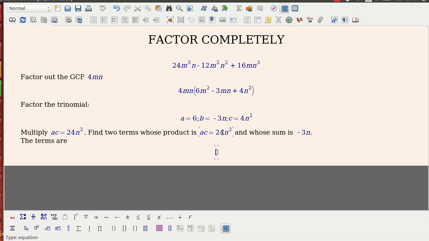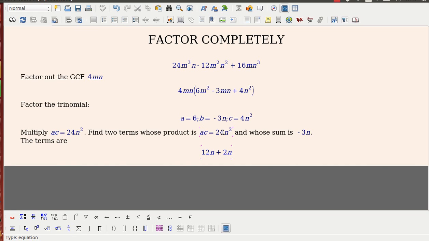So for example, two factors that give 24: 12n and 2n.